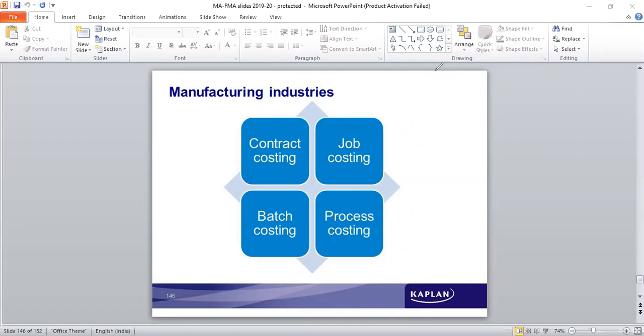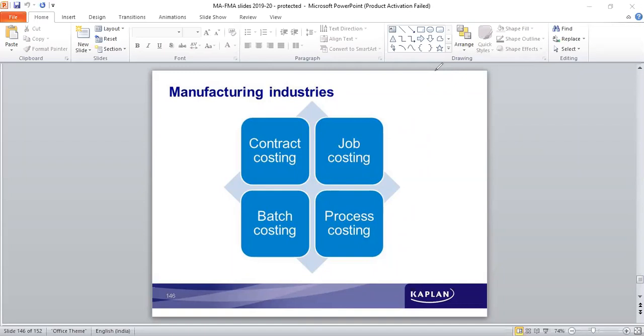When the work is completed in more than one stage, wherein the material moves from one stage to another stage, process costing is adopted. When the production is taken up in batches, in lots of units, each batch, what is the total cost when it has to be ascertained, we use batch costing, similar to job costing, but there it is per job. Here it is one lot of material, one batch of material produced.